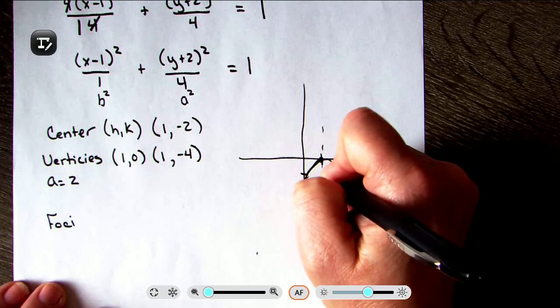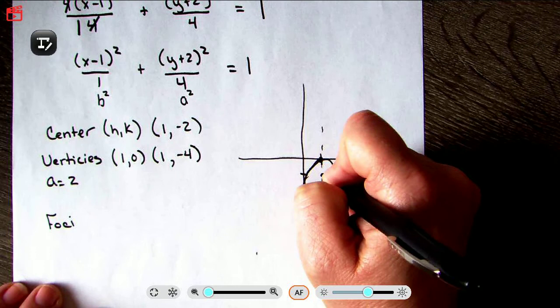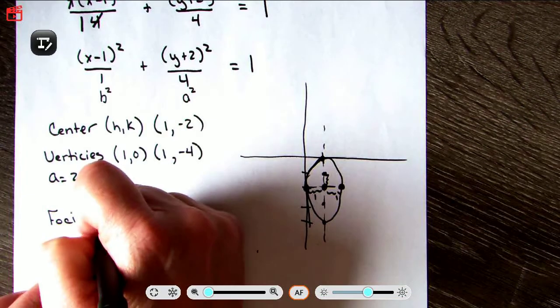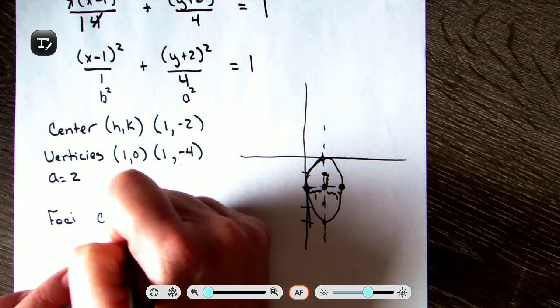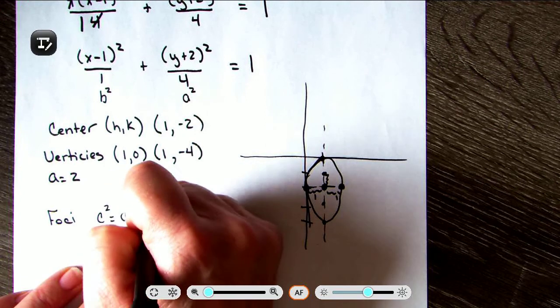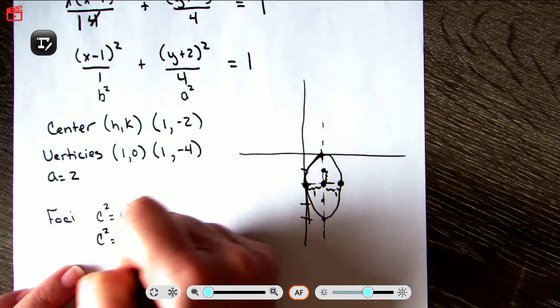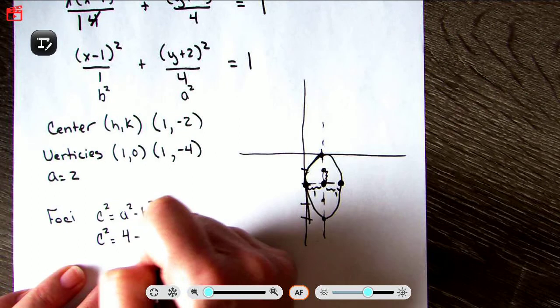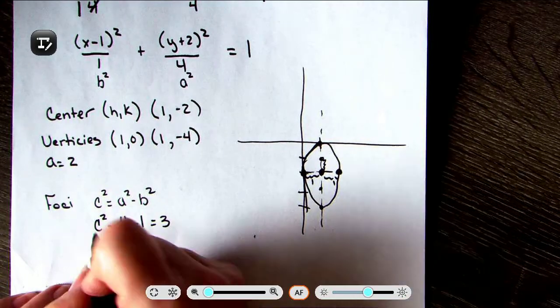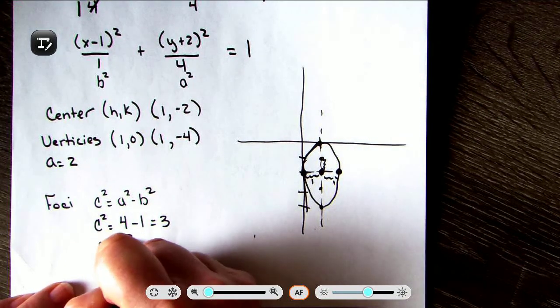which are inside my ellipse here. So I need to find that c. And c squared is a squared minus b squared. c squared is that 4 minus 1, which is 3. So c is that square root of 3.